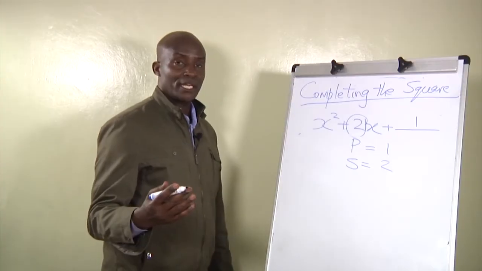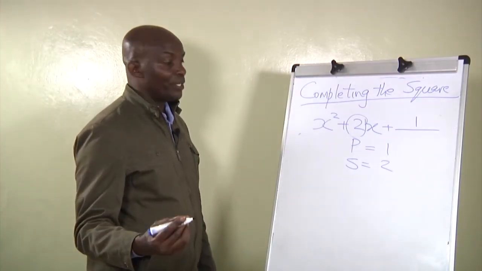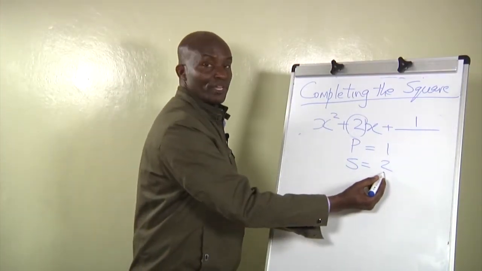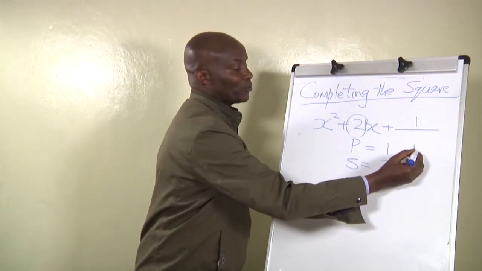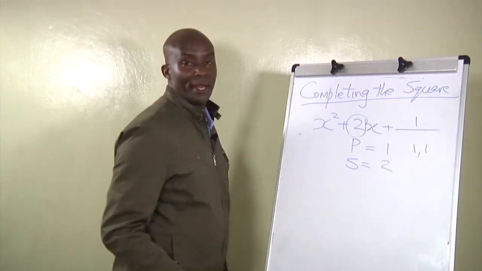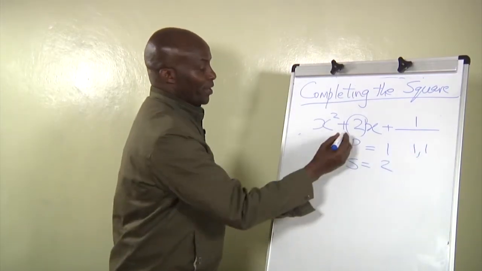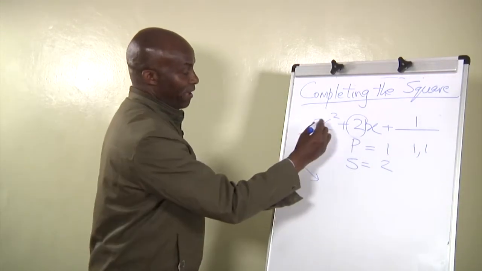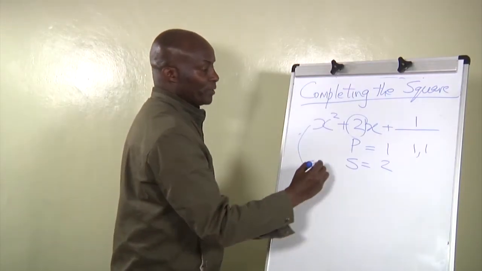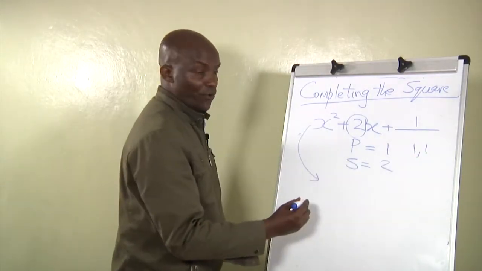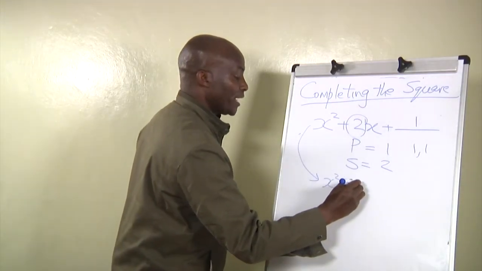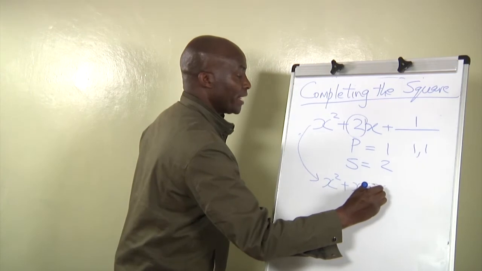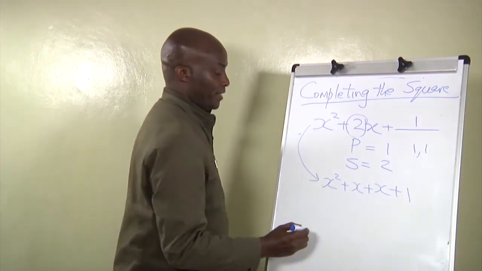So we need two integers which when added give 2, and when multiplied give 1, and that will be 1 and 1. So we rewrite the expression, splitting the middle term into the two factors: x squared plus 1x plus 1x plus 1.